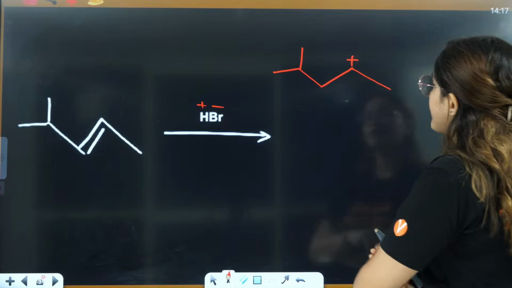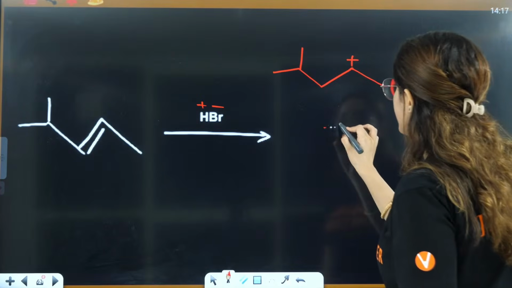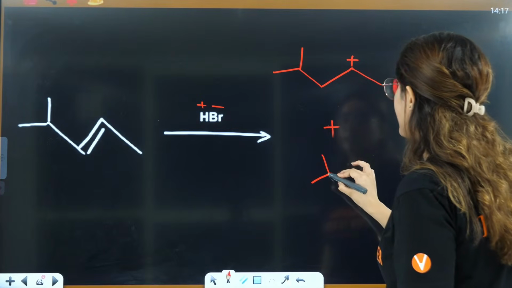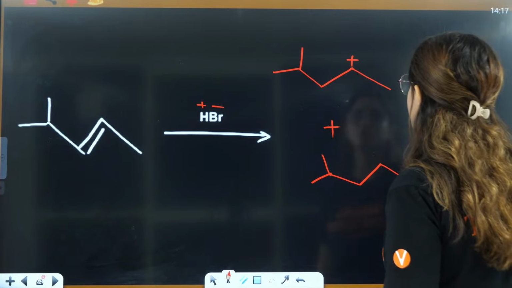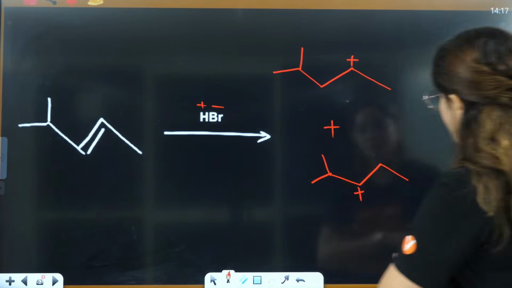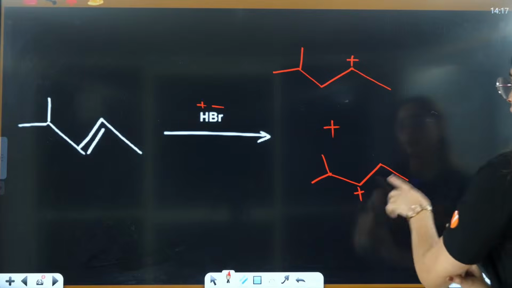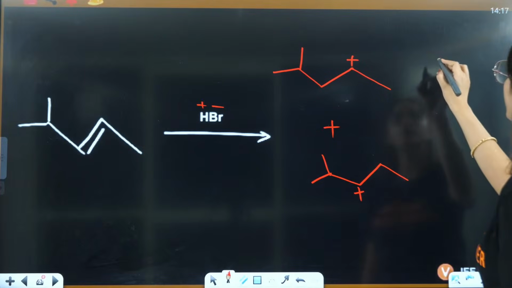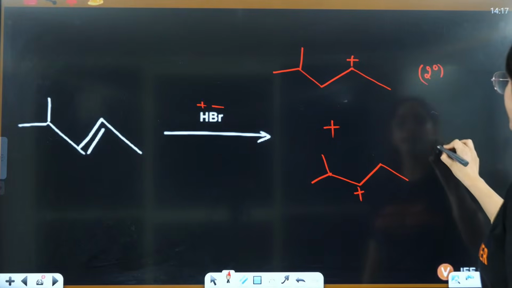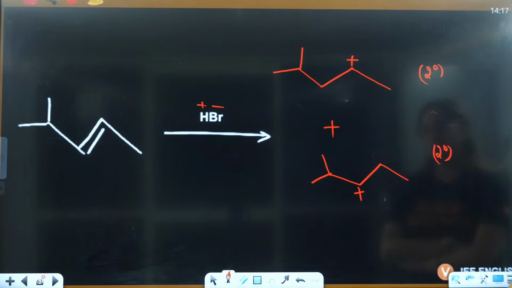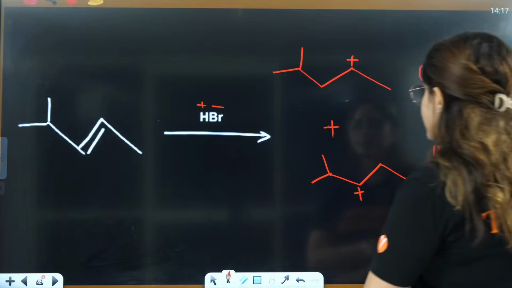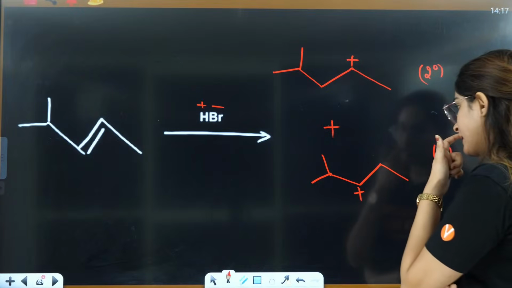If it gives positive carbocation here or here, you just have to tell me which is more stable. If you get this positive carbocation, this is 2 degree, and this is also 2 degree. But one thing I can assure you is that this carbocation is more stable here.